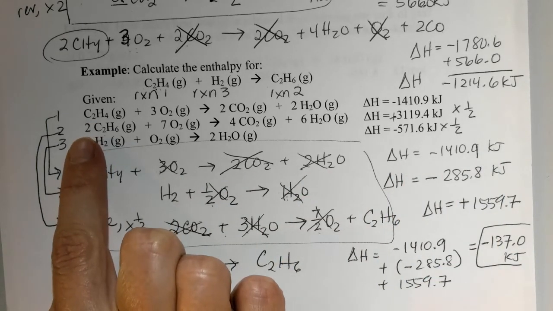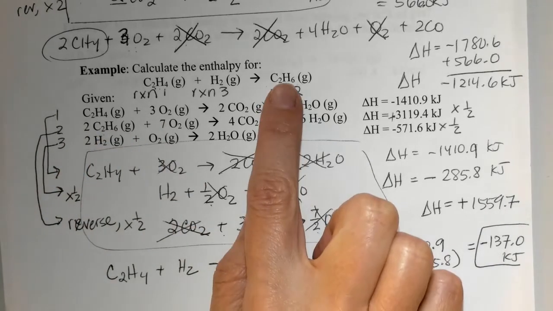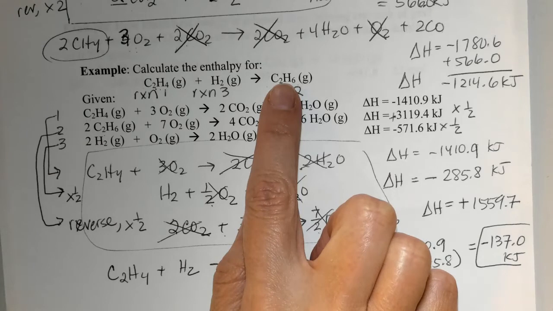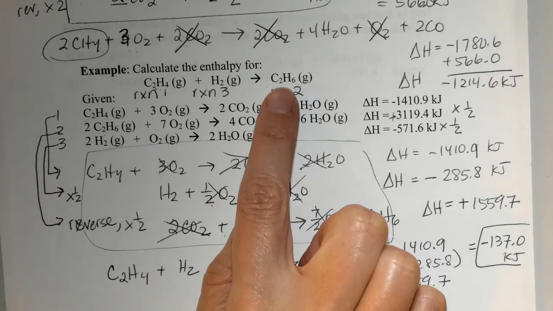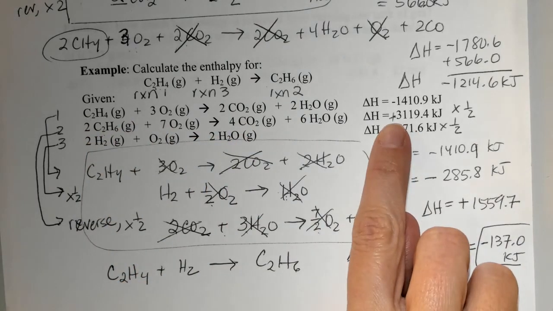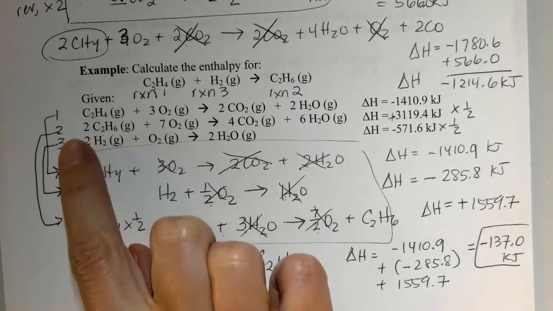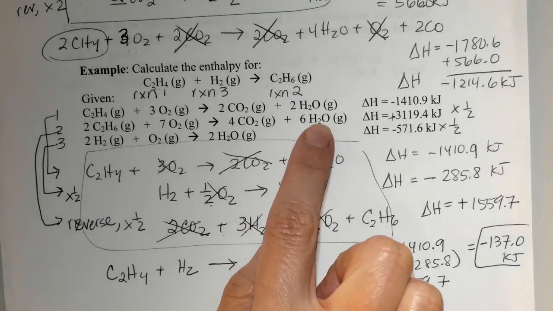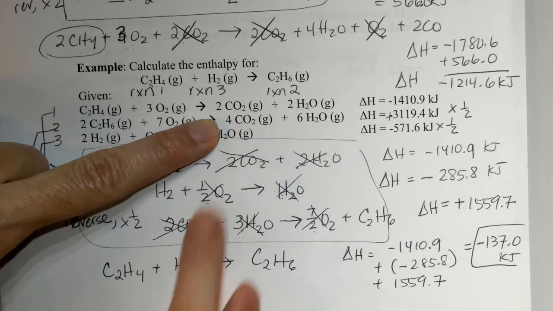Then when I looked at reaction 2, that would produce the ethane on the product side. That's where I'm going to get it from, but it's on the wrong side of the equation. It's a reactant. I need it to be a product, so I'm going to have to flip the reaction, meaning I'm going to change the sign of the delta H. And instead of 2, I only want 1, so I'm going to have to cut this in half. So when I rewrote it, the 4 carbon dioxides cut in half became 2.